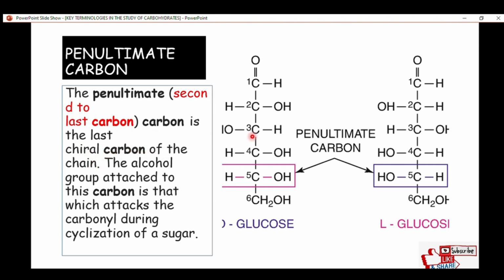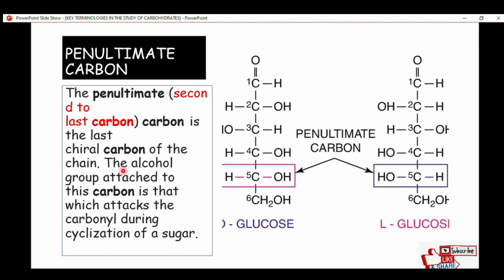When you check D-glucose here, we have carbon 1, 2, 3, 4, 5, 6. The penultimate carbon is carbon 5. That's the last but one carbon, and it's the last chiral carbon in the glucose molecule.